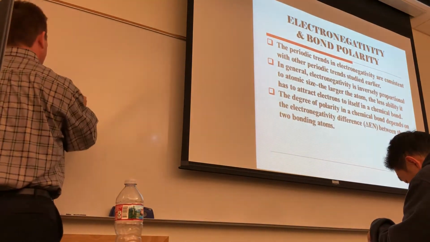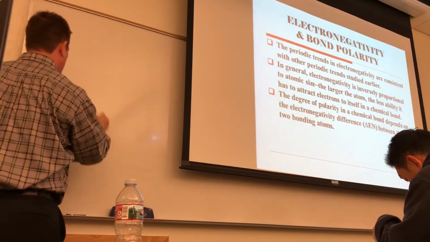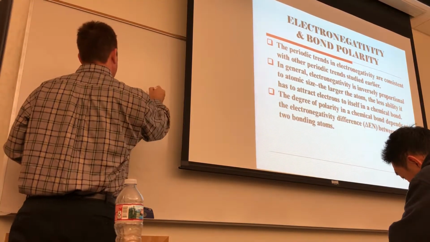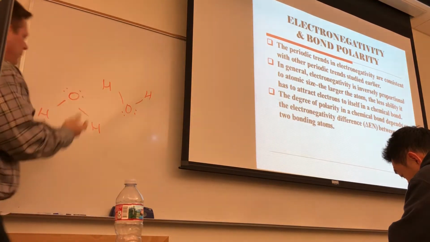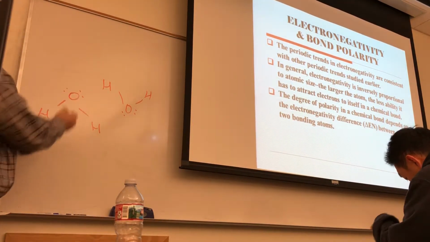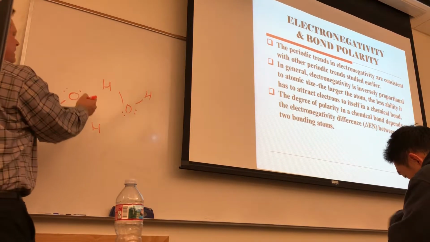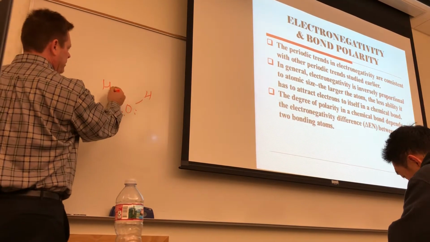I'm going to have something like this, a water, and I have two lone pairs there, and here I have another water. In this kind of scenario, there is a small electronegative atom, either oxygen, fluorine, or nitrogen, and hydrogen. These things here are bonded.